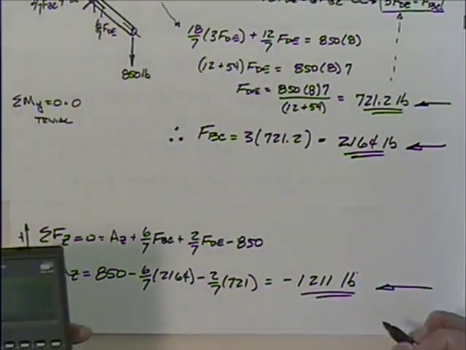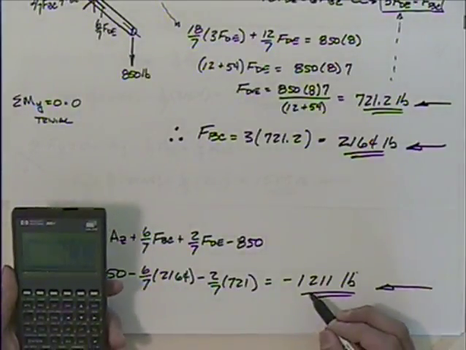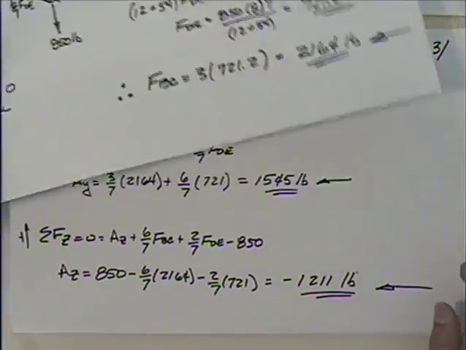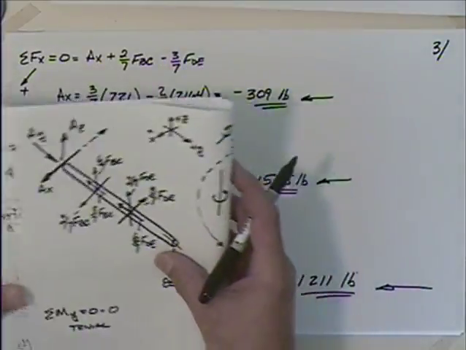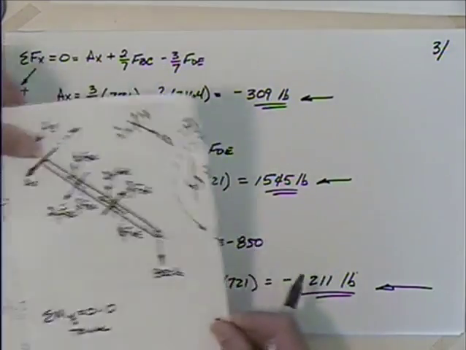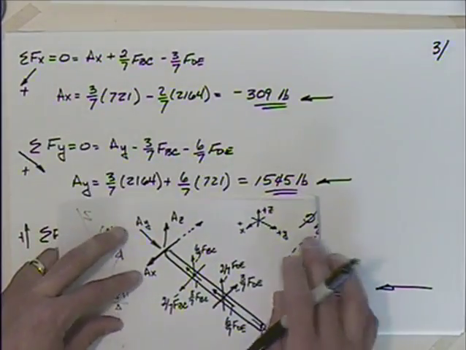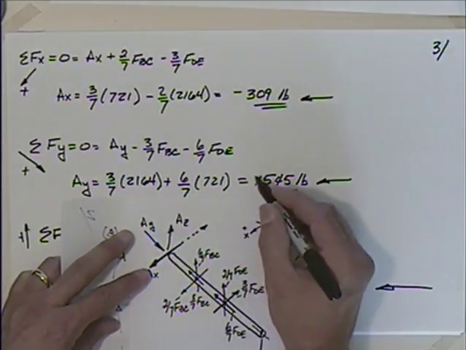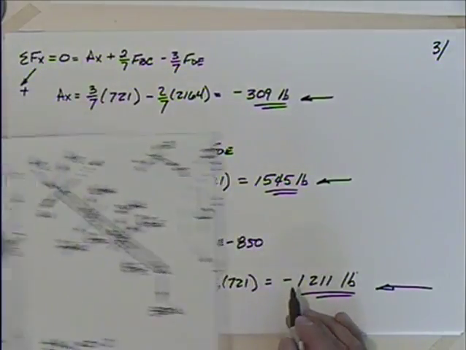Yeah, 1,210.85, minus 1,211 pounds. Good. Okay. So, like I said, these answers are important because if we come back and look at this free body diagram here, it's telling me that this AY right here is positive. I mean, these two are negative. It just means I got the answer wrong.